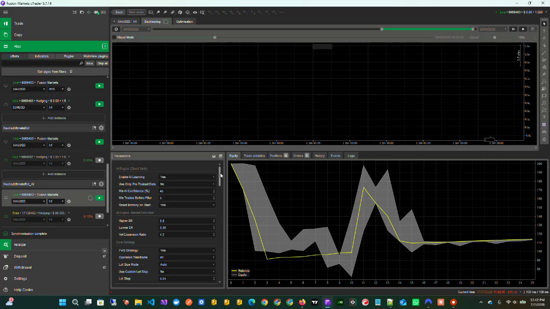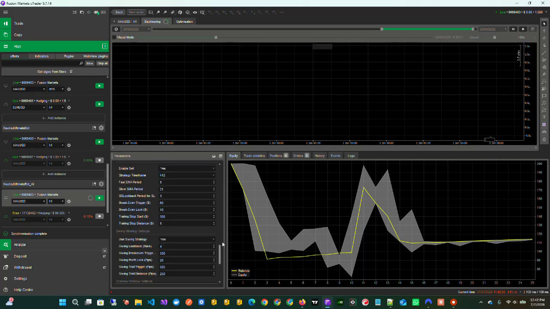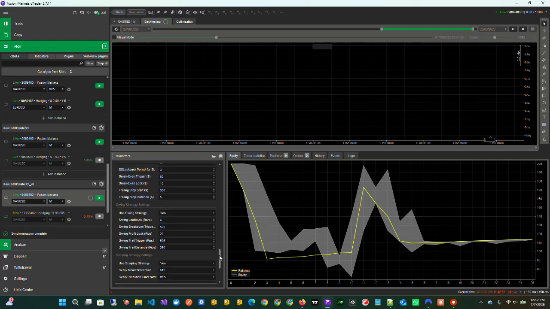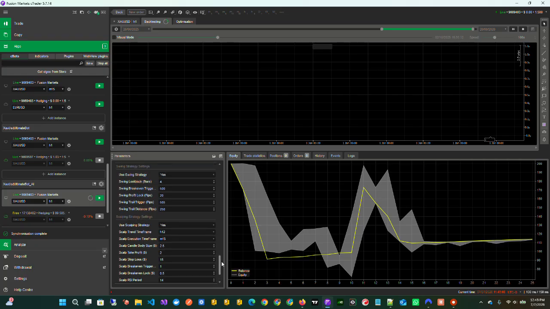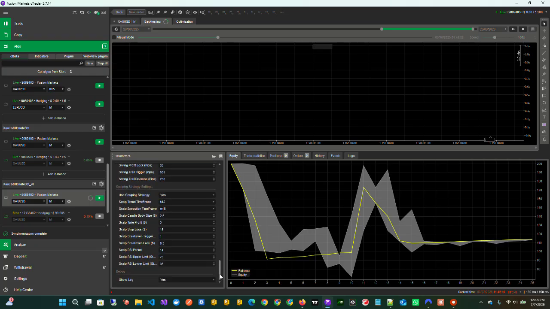So if you're a swing person, you might turn off the FVG strategy and the candle scalping strategy, and only allow the C-bot to run the swing strategies. But if you want, you can just tinker with it a little bit here and there and see the strategy that best fits your risk appetite.